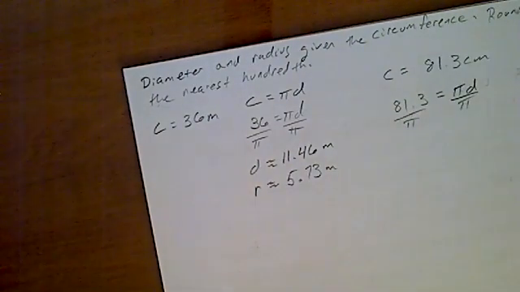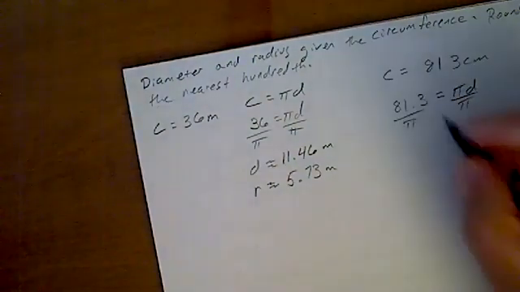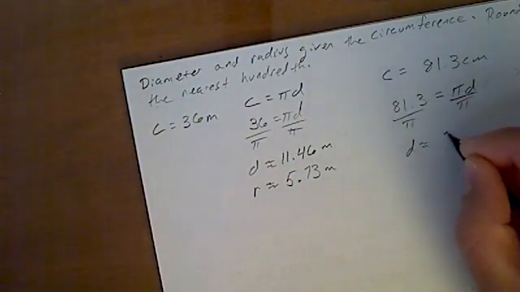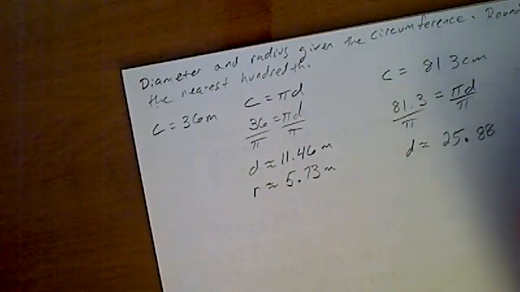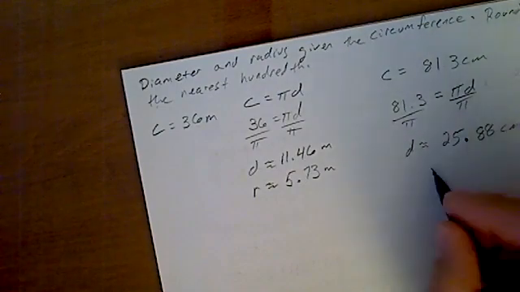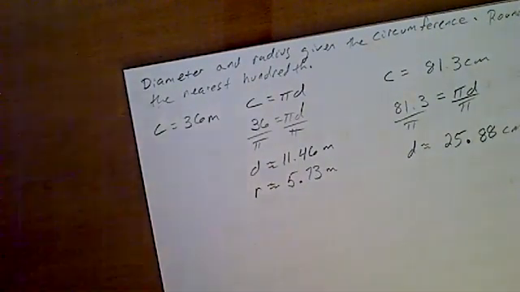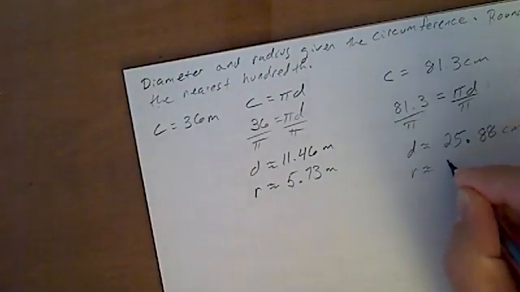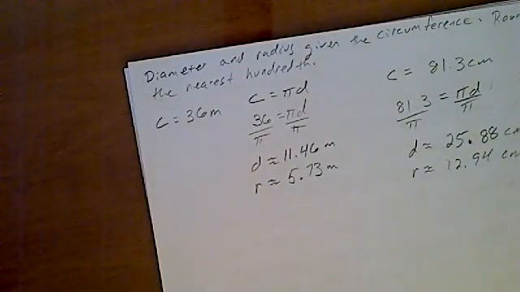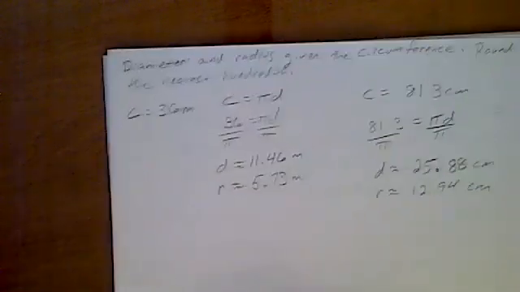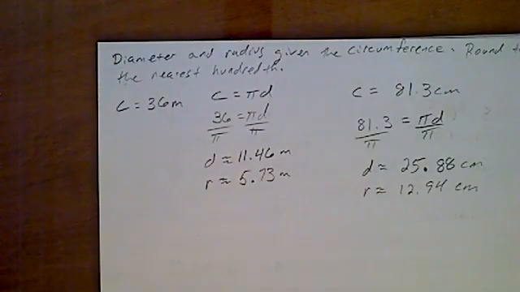Divide both sides by pi. 81.3 divided by pi gives us a diameter of about 25.88, because we round up. And divide that by 2. We get a radius of about 12.94 centimeters. And that is basically what we're looking at today. So homework will be posted in regards to that.